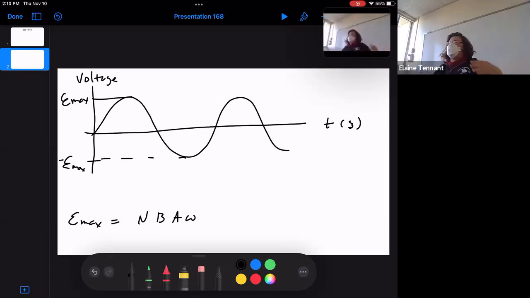So like in lab, when you measured all the currents, they didn't change with respect to time. You just turned it on and then you got a current, right? Here, because our voltage is changing with respect to time, our current, like whatever we hook up to this, the current will be changing with respect to time as well. And so that's what the chapter on AC circuits is going to be about, is how we deal with that time component.